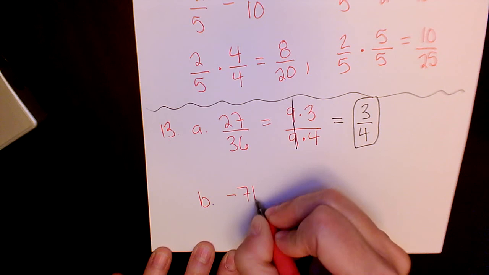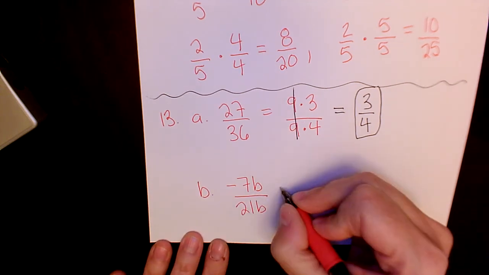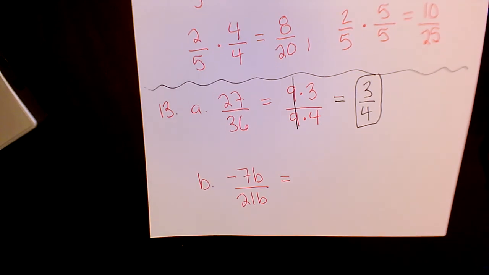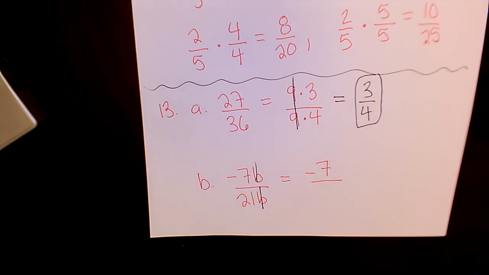Okay, B says negative 7b over 21b. Now right off the top, I know that I've got a b on top, a b on the bottom. They can cancel out. They're gone. I'm going to bring the negative 7 over. But how do I break up 21 into factors? What are some factors of 21? There's not many. 1 times, can't use 1.